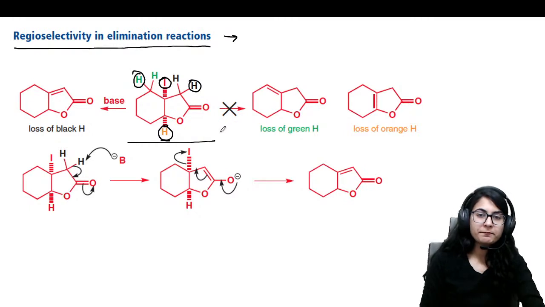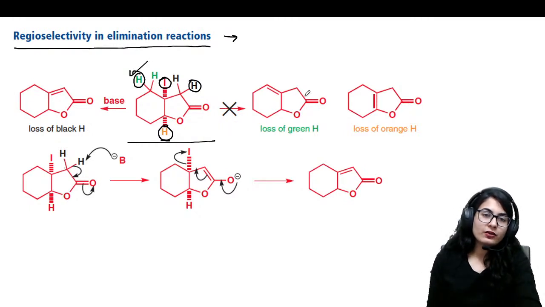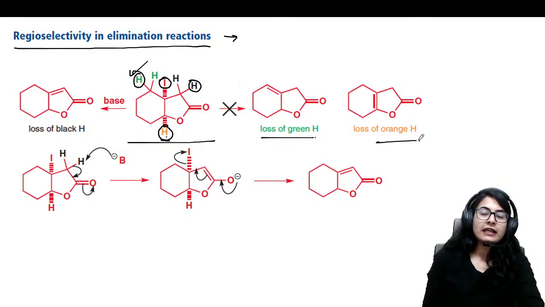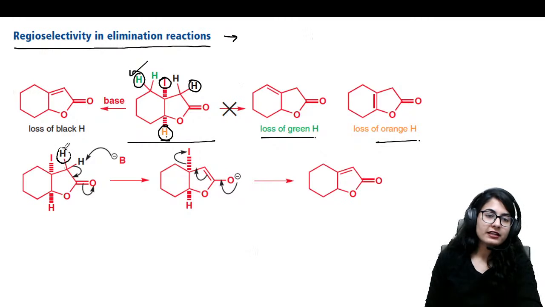That is the question. अगर हमें green hydrogen को हटाना है, then you get this alkene. Yes, but it's not possible. Alright. Similarly, the loss of the orange hydrogen, that is going to give you this alkene. So why are they not being such a good option? Because ये जो black वाला hydrogen है, this is a more acidic proton.